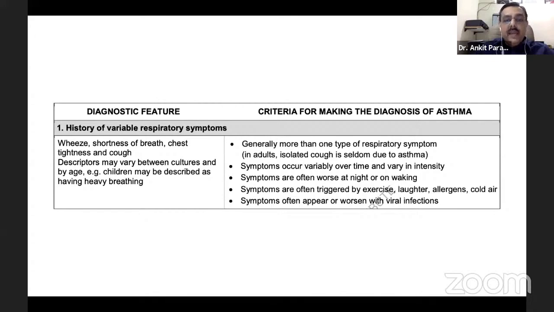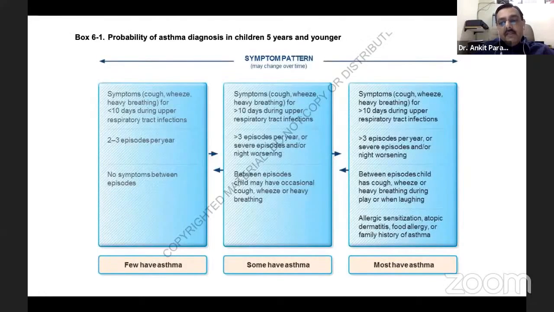And you can have symptoms which seem to worsen with viral infections. So this is the symptom set which has been described by GINA or any other world organization, which includes the IAP guidelines as well. But we have a certain set of symptoms and some guidance for under 5 children as well.